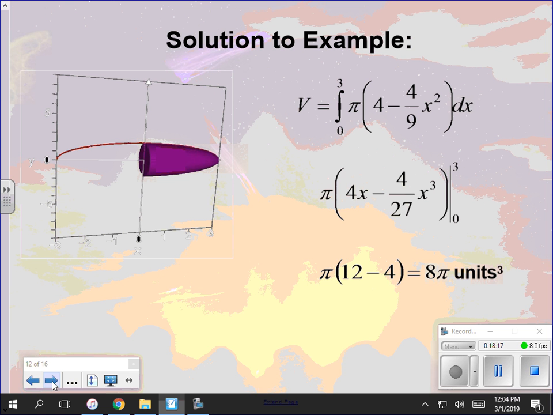So if you are checking the answer in the back of your textbook for your homework from tonight and from the next part we do, if they don't have an equation that looks like that, if they have an equation that starts out with 2 pi, ignore their work and just look at the answer. If they have one that begins with 2 pi, that means they did the cylindrical shells method, and I'll demonstrate that to you at another time.